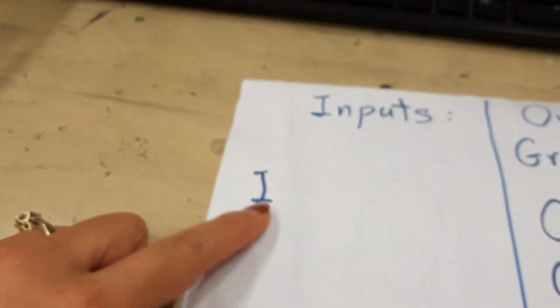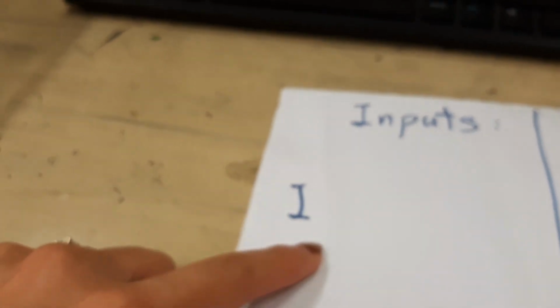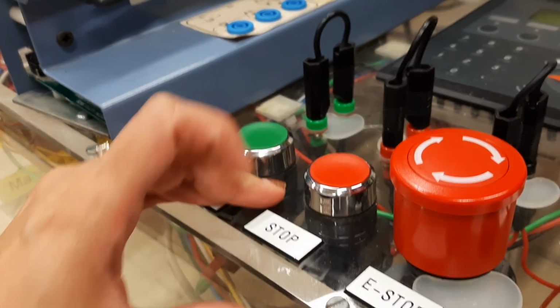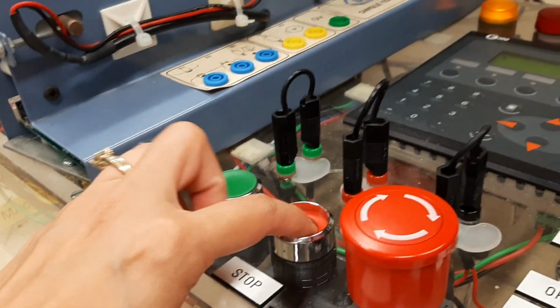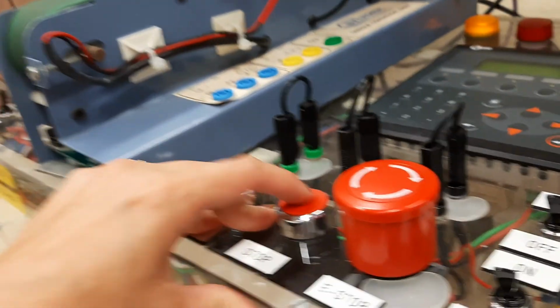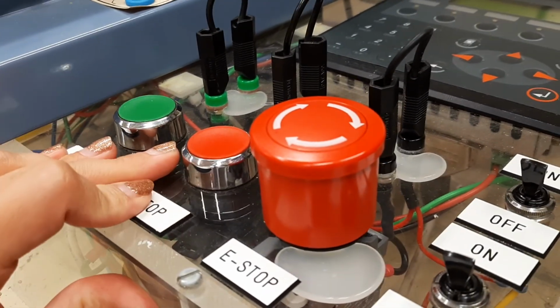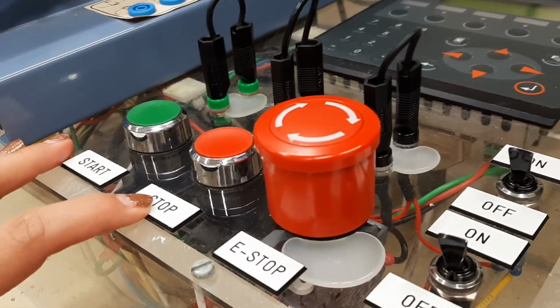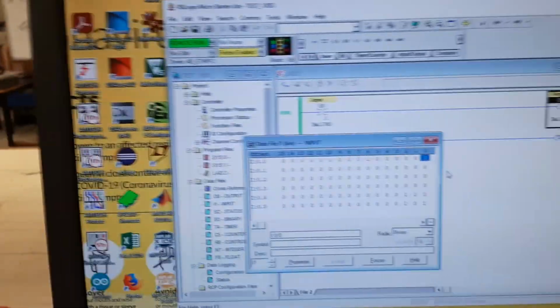Now for the input, what did we learn just now? We learned that number 6, which the default is 1, is connected to the red or stop button. You're going to learn in the future why there is a difference between start and stop. Now, how to write that down?